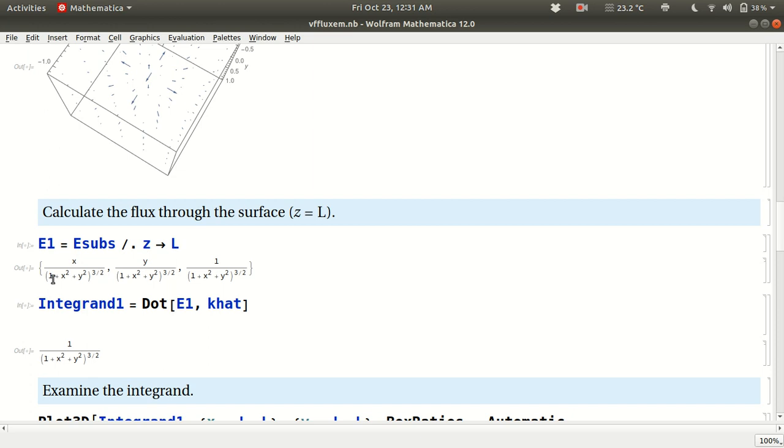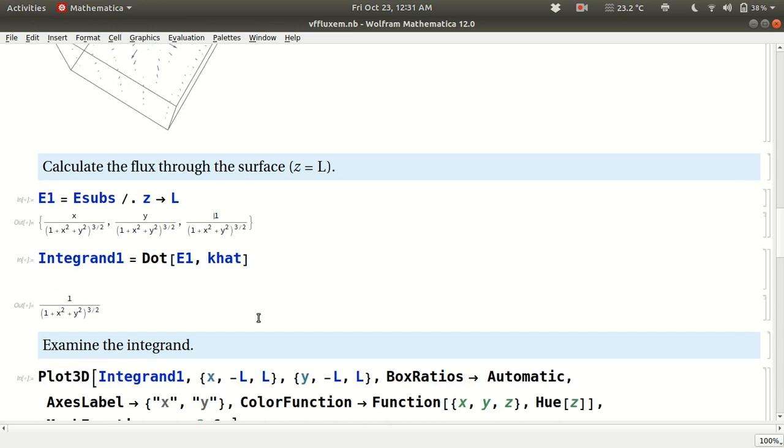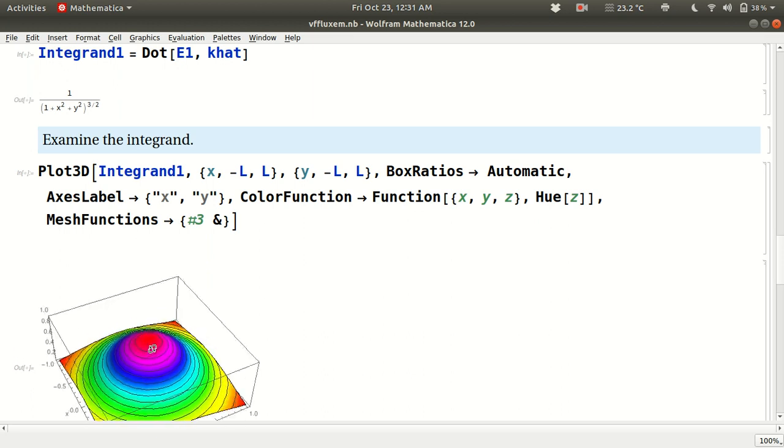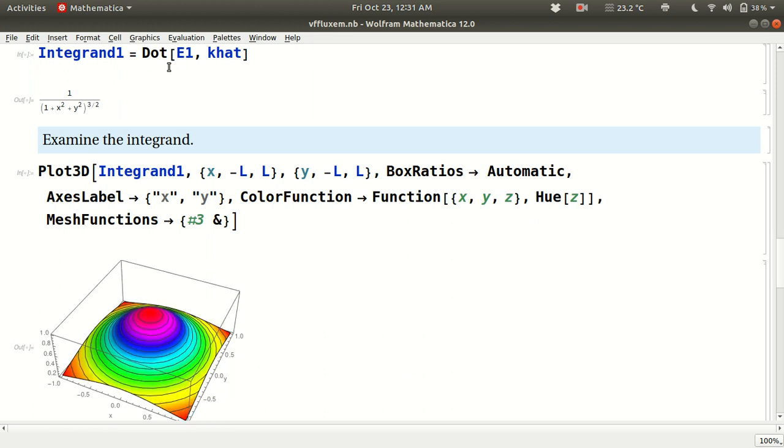As you can see, all the z coordinates become 1. Now, for z equal to L, the n cap will be along the k cap direction, so we take the dot product between E1, which is this quantity, and k cap, so this becomes this. Now we need to integrate this, and you can also visualize this E1 dot k cap.